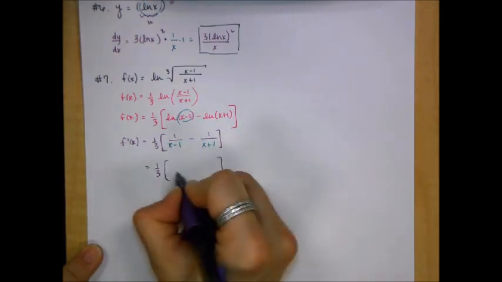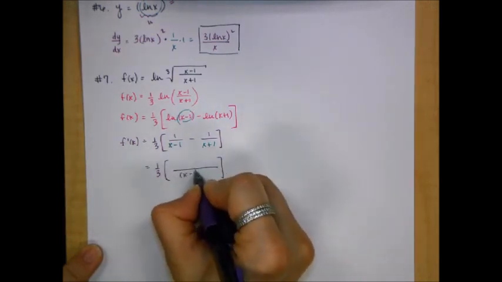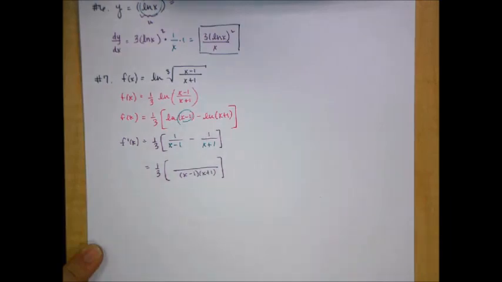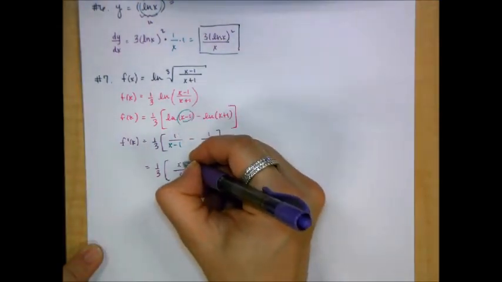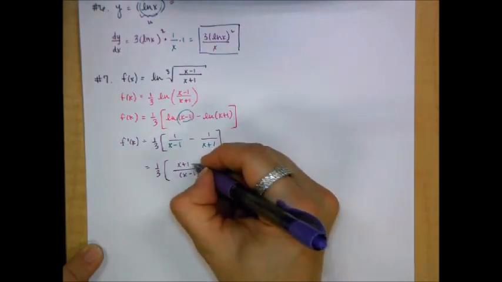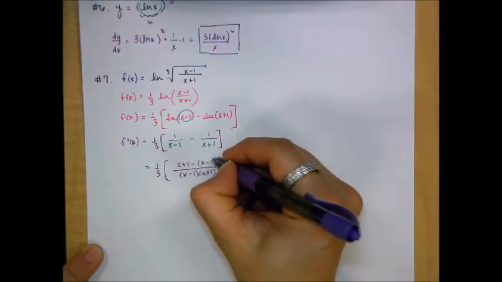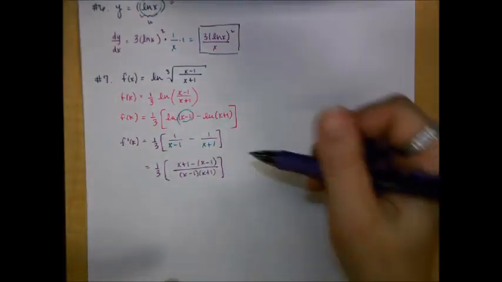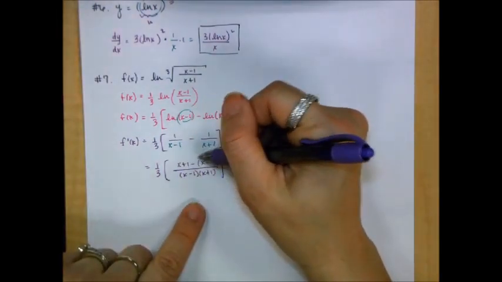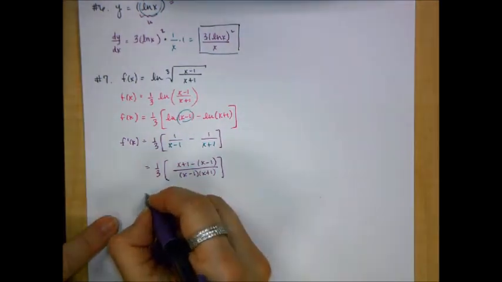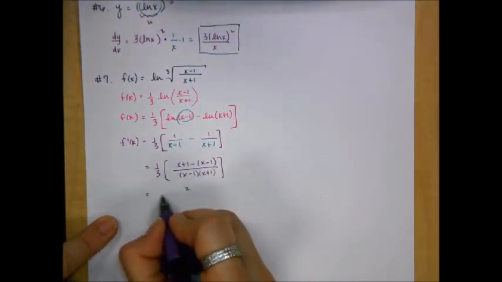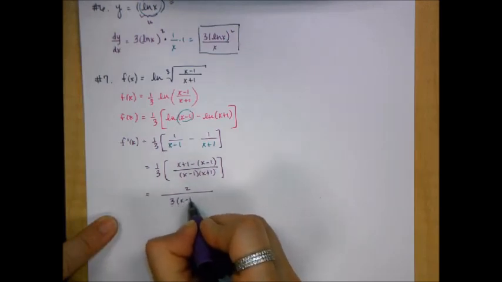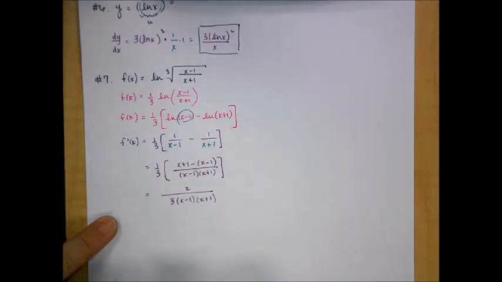So this fraction needs an x plus 1, and this one needs an x minus 1. You distribute that negative, so you end up subtracting x minus x, and then 1 plus 1 is 2. So I end up with a 2 on top, and we have a 3 on the bottom, x minus 1, x plus 1.